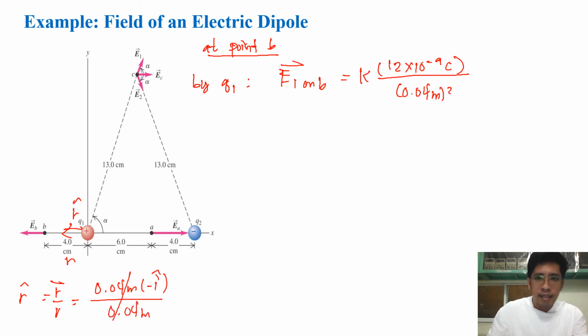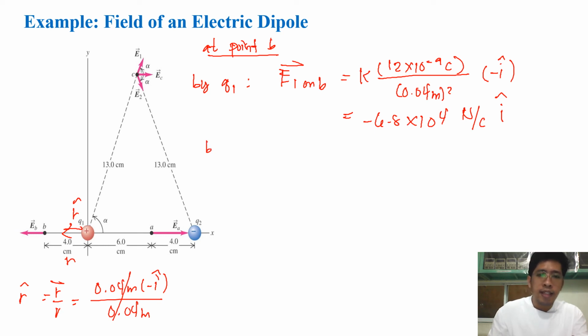You can solve this one and you get negative 6.8 times 10 to the 4 Newton per coulomb I hat.